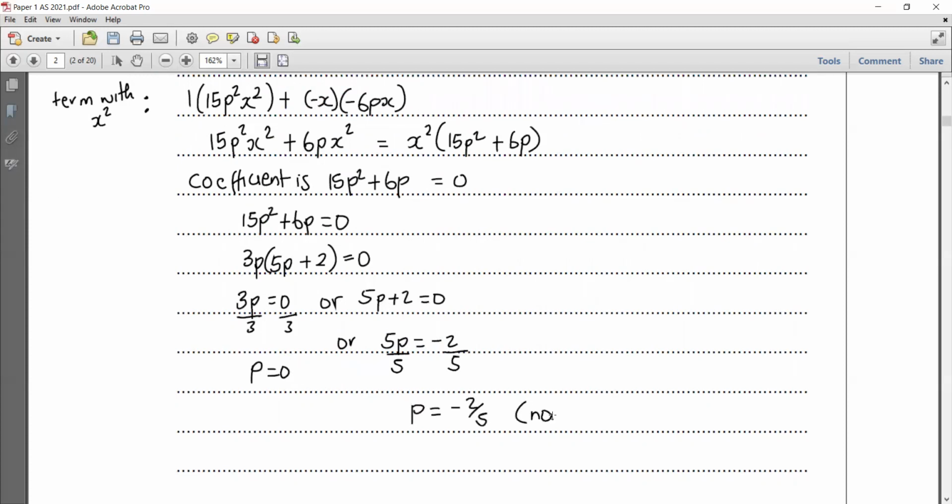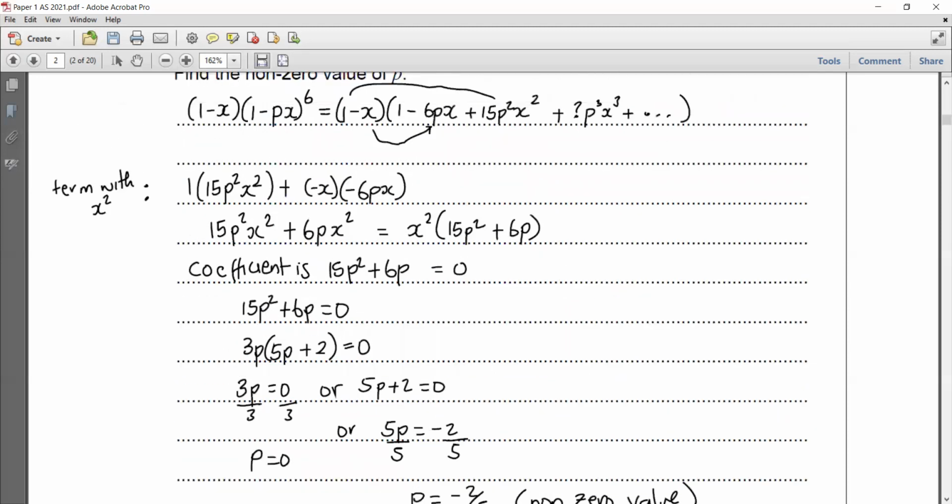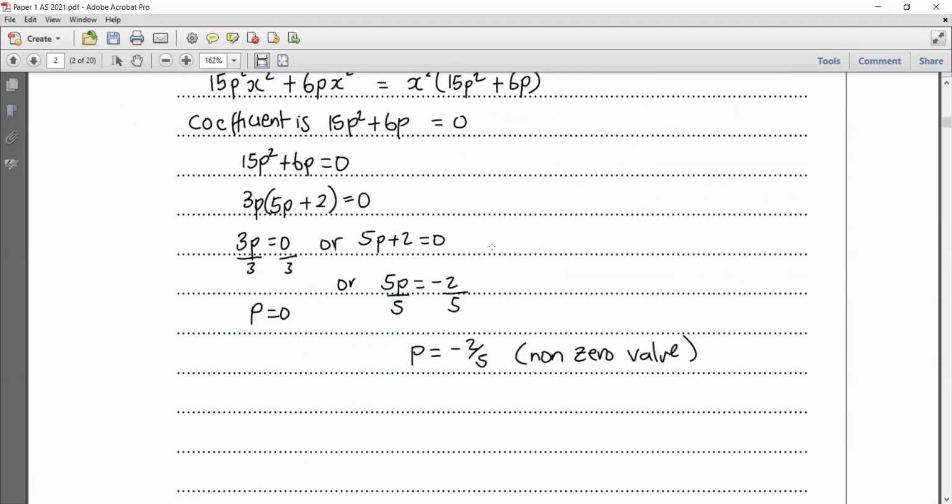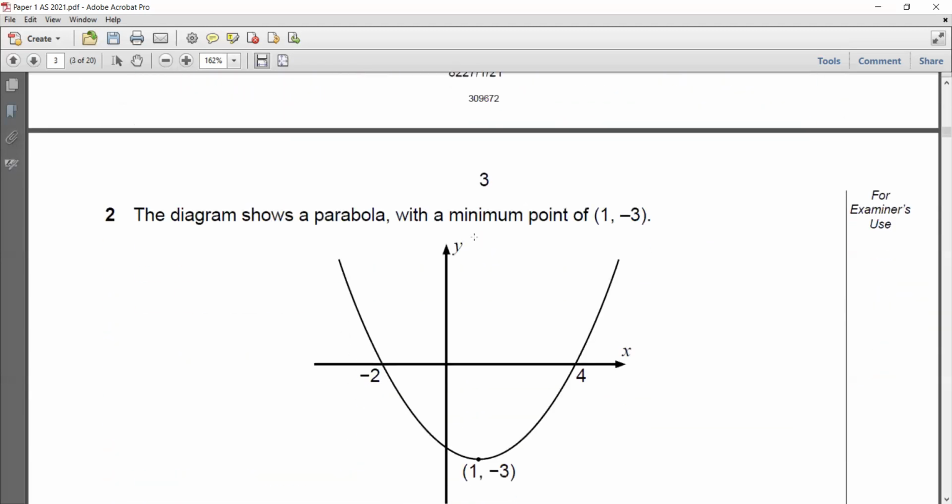So this is the non-zero value that we're looking for. Okay, right. So quite an interesting question. Make sure that you read it and then understand what exactly you are being asked to do in the question.